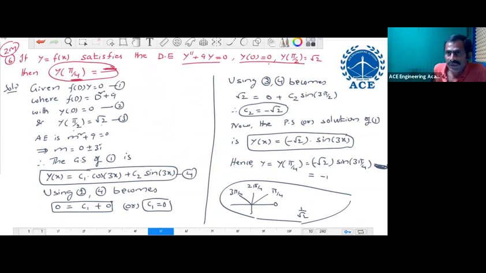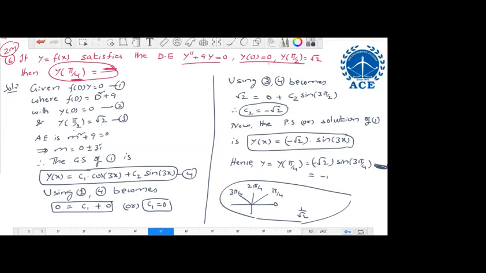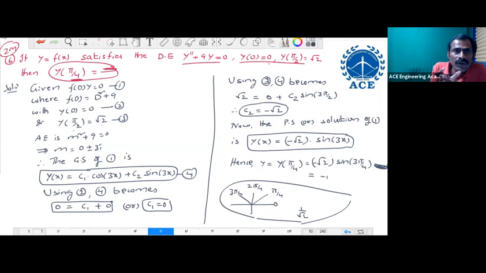So in place of that, we can write it like this only: e power ax into A cos bx plus B sin bx. That capital A, capital B are arbitrary constants. Instead of capital A, we can write C1 or any other, no problem. While writing the procedure, I had already taken C1, C2 in one of the forms of the solution, so to avoid confusion I wrote the other constants as A only. That is the only difference.